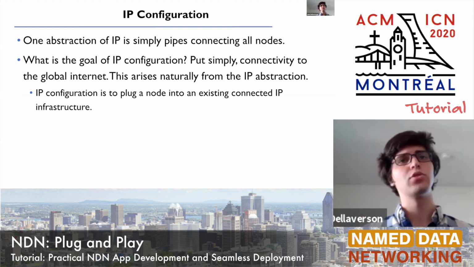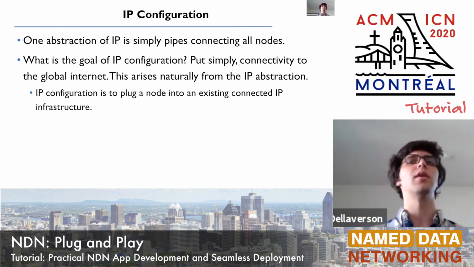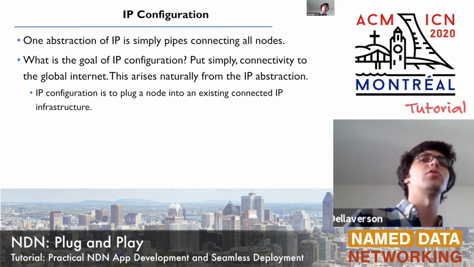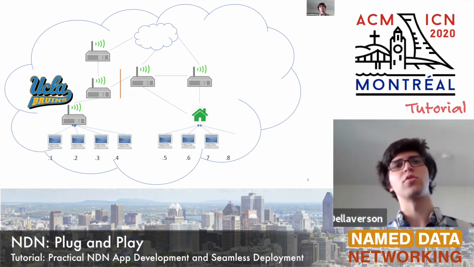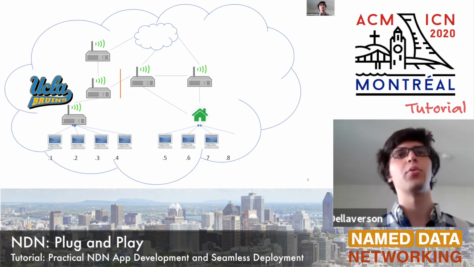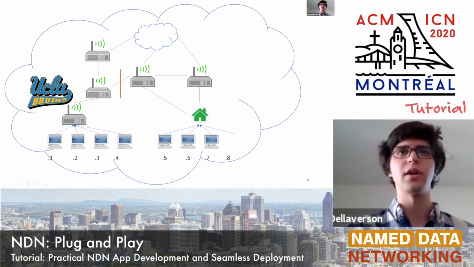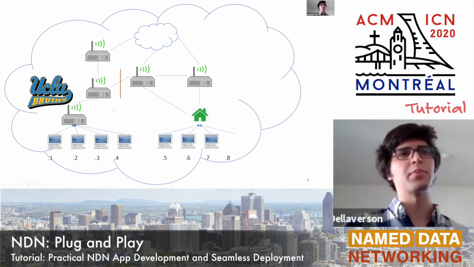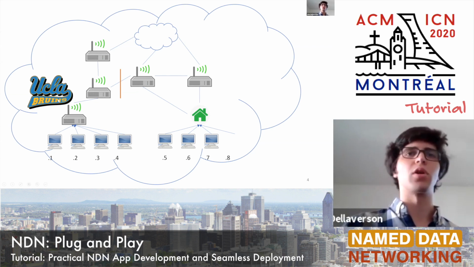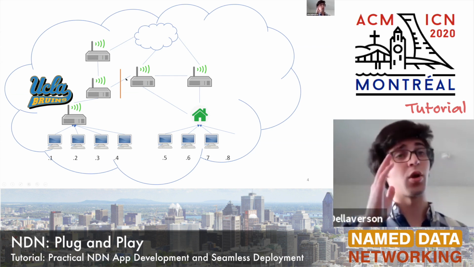IP configuration is then plugging a node into that existing connected IP infrastructure. Let's make this a little bit more concrete. For an example, we have the global internet that everything is in. We've taken some snapshots both at college and at home, and they're both connected to the global internet, and in one way or another to one another.